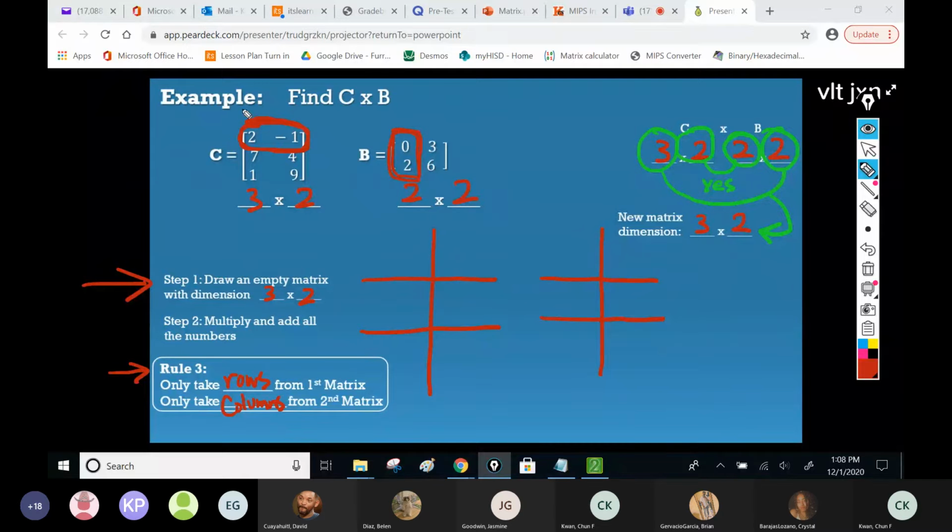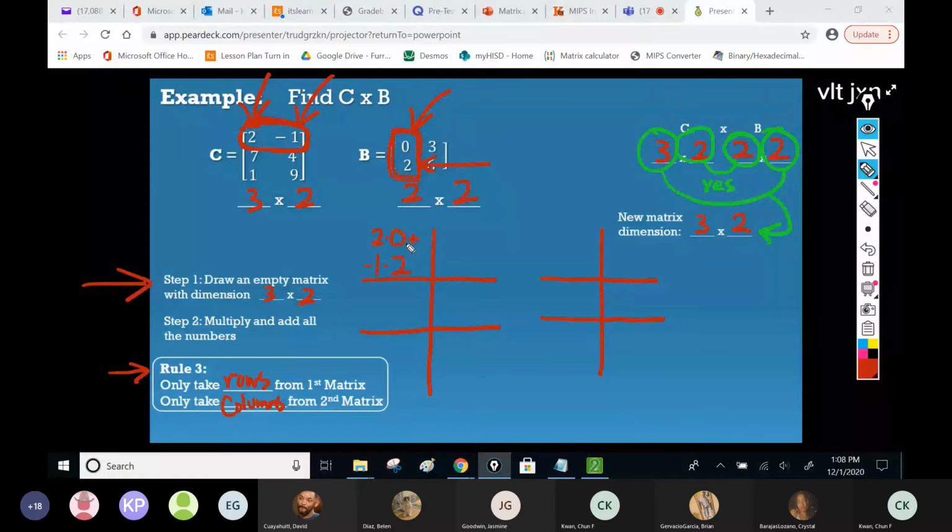All right, this is what I'm going to do. First number times first number, so 2 times 0 plus second number times second number, so -1 times 2. All right, now let's go ahead and solve this.